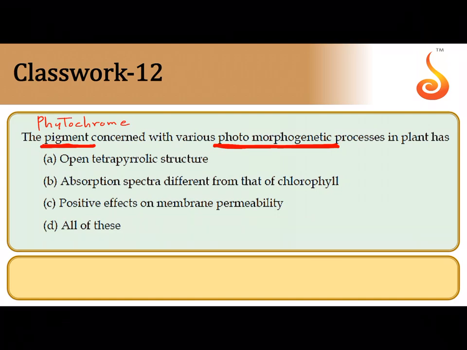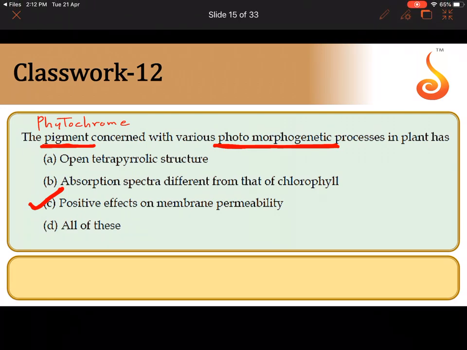Now what this phytochrome does is it has a positive effect on membrane permeability, because it has to move from one plant organ to another, and once it reaches a target site, it has to be picked up by the target cells. So obviously it should make sure that the membrane permeability is more, so that it can easily diffuse from one cell to another, and it can pass to all the parts of the plant body.